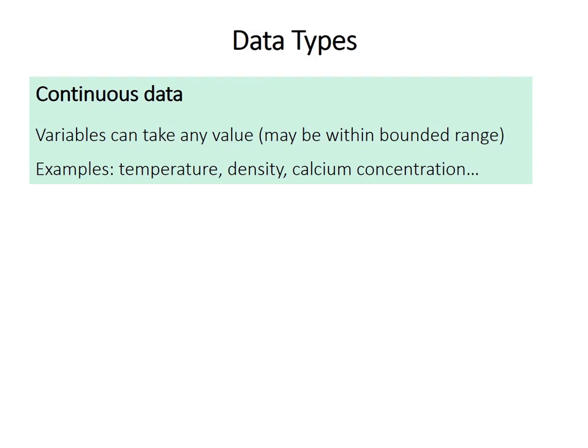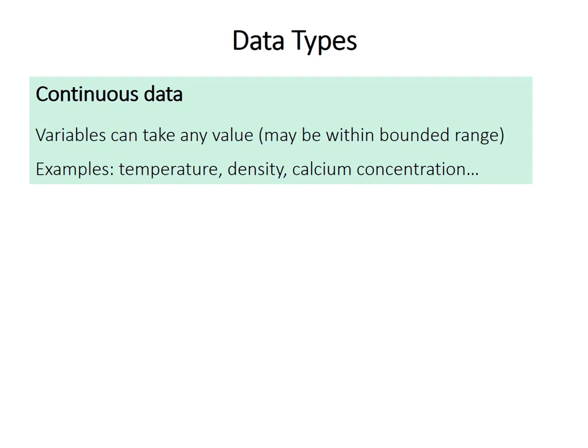Often you'll have what's called continuous data, where the variables can take any value. The range might be bounded, but the measurements can be any real number within that range. For example, temperature or density or calcium concentration are all examples of continuous data. Density is bounded, it can never be below 0, but it can take any positive value, 2 or 2.3 or 2.4172 or whatever.